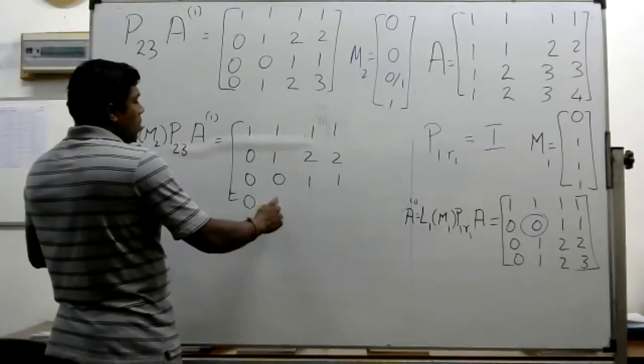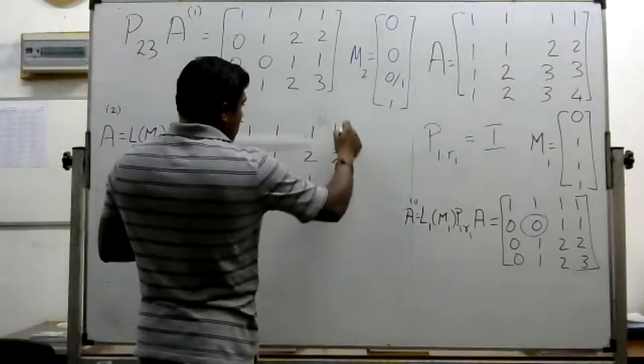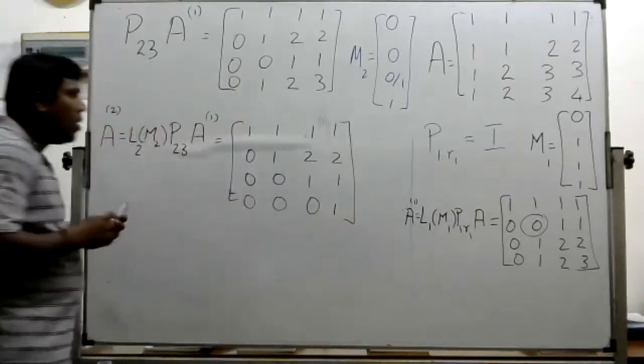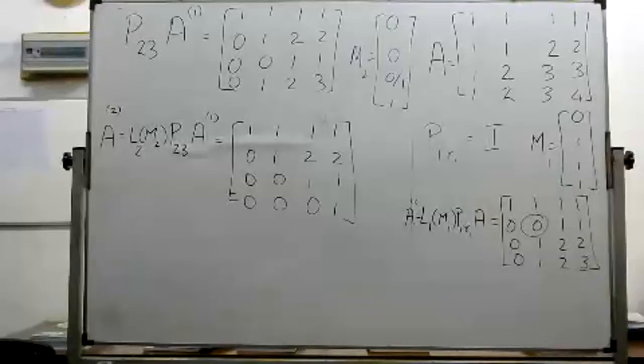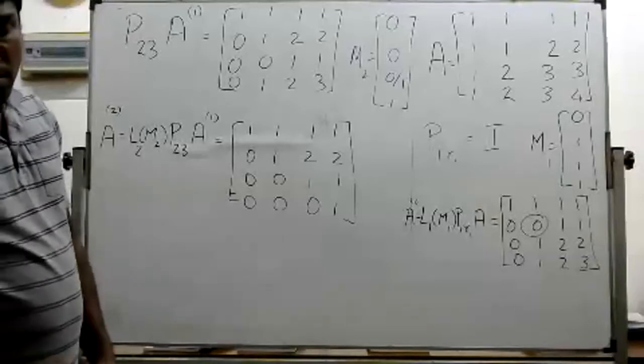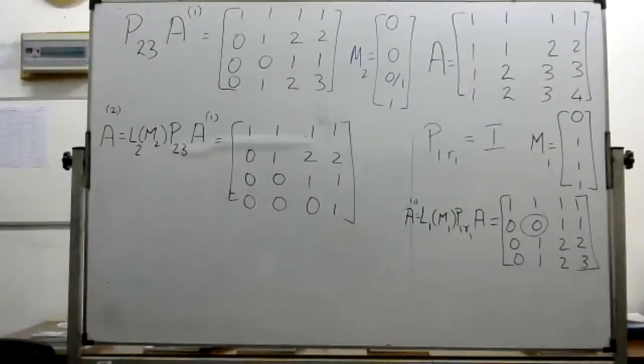0, 0, 2 minus 2 is 0, 3 minus 2 is 1. Okay?